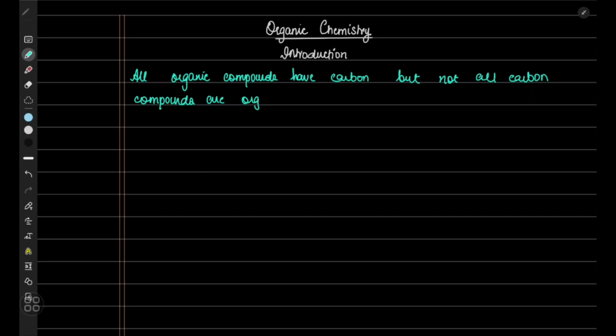It all started back in the 17th and 18th century. We used to have a vital force theory which said that we cannot make organic compounds in the lab, and there is an unknown vital force that is required for the formation of organic compounds.